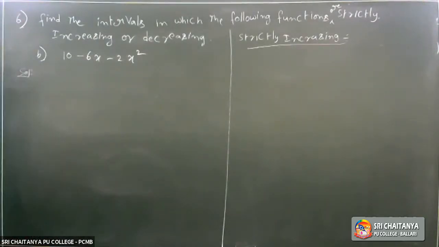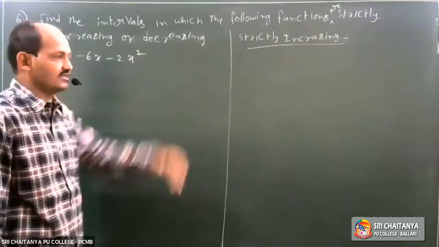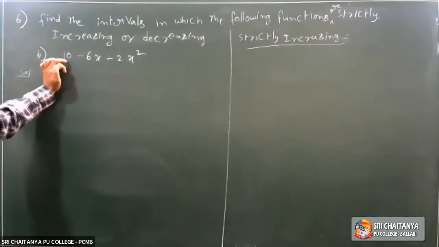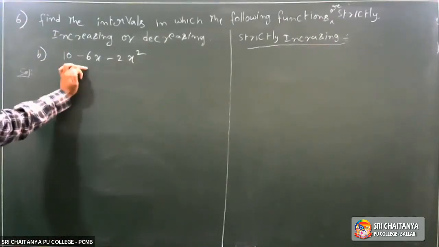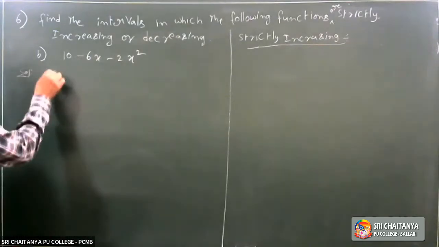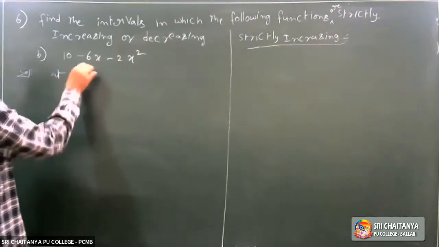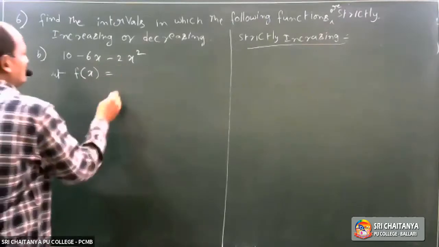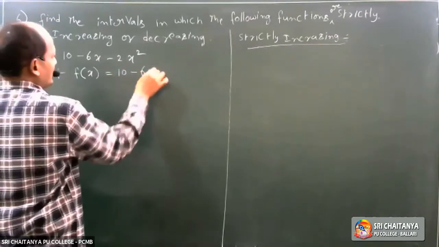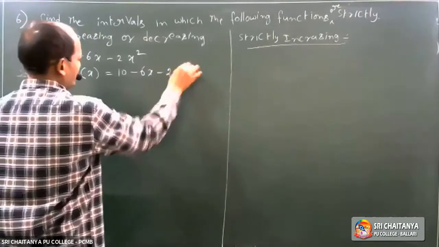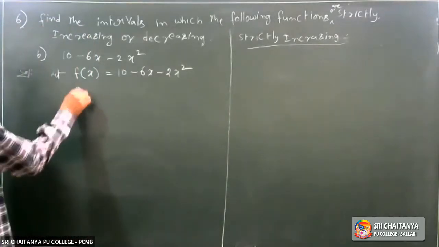Same statement. Find the intervals in which the following functions are steadily increasing or decreasing. So here the given function is 10 minus 6x minus 2x square. Let f of x is equal to 10 minus 6x minus 2x square.